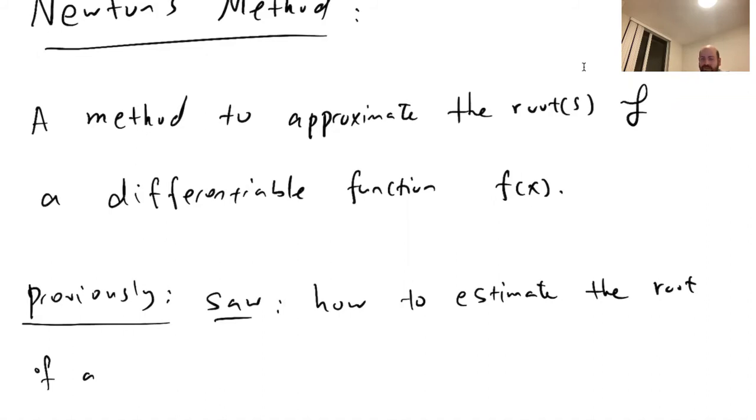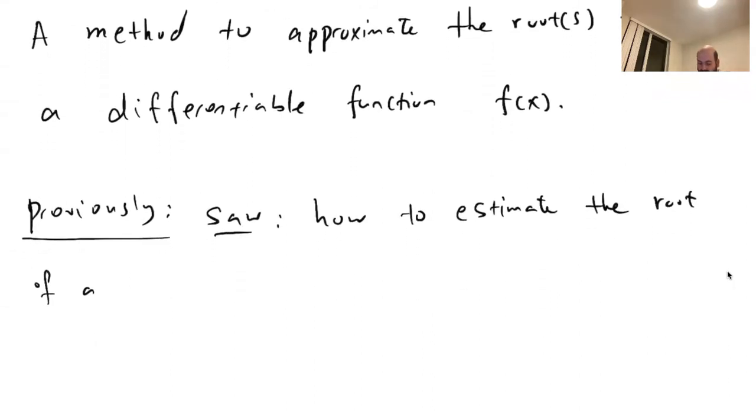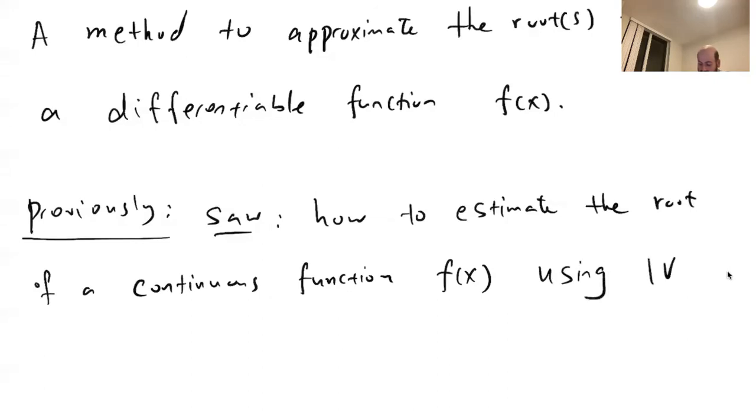Our only assumption was continuity of f, but in Newton's method, we need to also assume differentiability of f. How to estimate the root of a continuous function f of x using IVT, the intermediate value theorem.